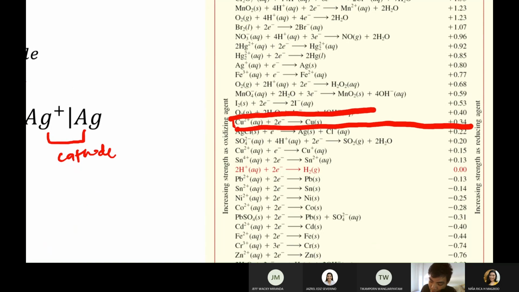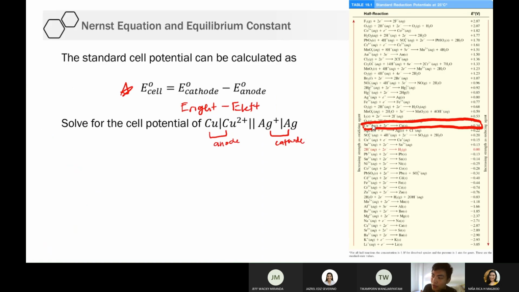Again, it doesn't matter if the reaction is reversed or not. If you look at the table, copper metal, the reaction is written as this. But in our system, the reaction is written as this. So it doesn't matter actually whether that's reversed or not. All you have to do is just look at the table if it contains copper 2 plus and copper.